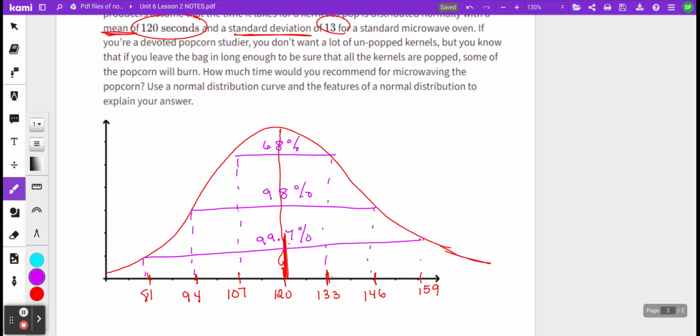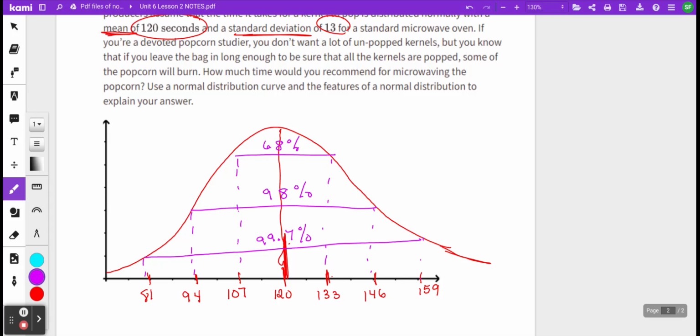All right, so now it says, if you're a devoted popcorn studier and you don't want to have a lot of unpopped kernels, but you know that if you leave the bag in long enough to be sure that all of them are popped, some of the popcorn will burn. How much time would you recommend for microwaving the popcorn? So if you do 120, we know that is the mean.